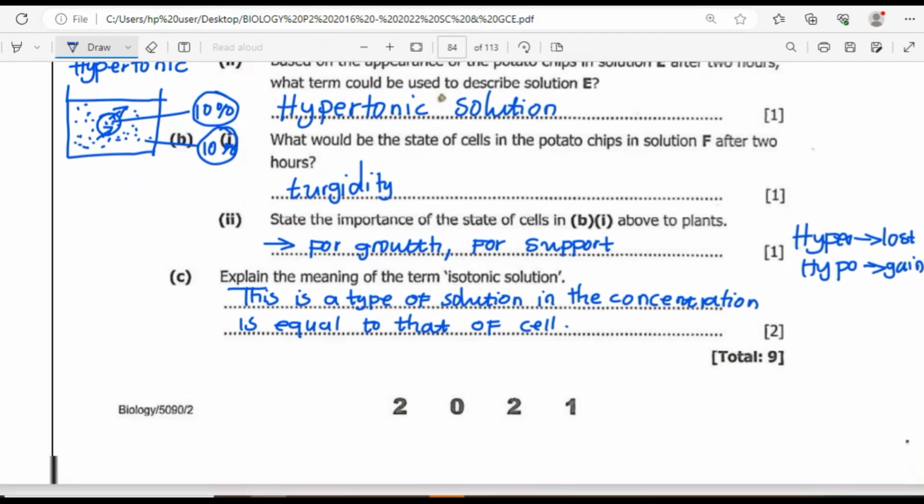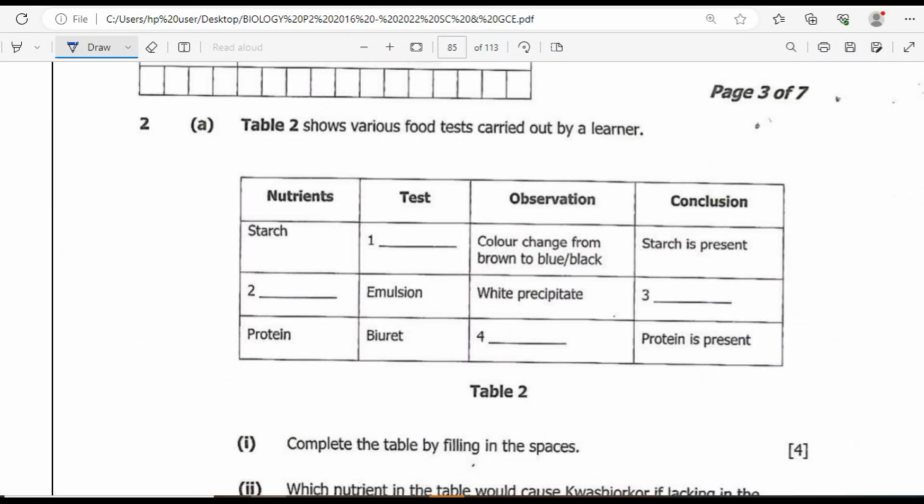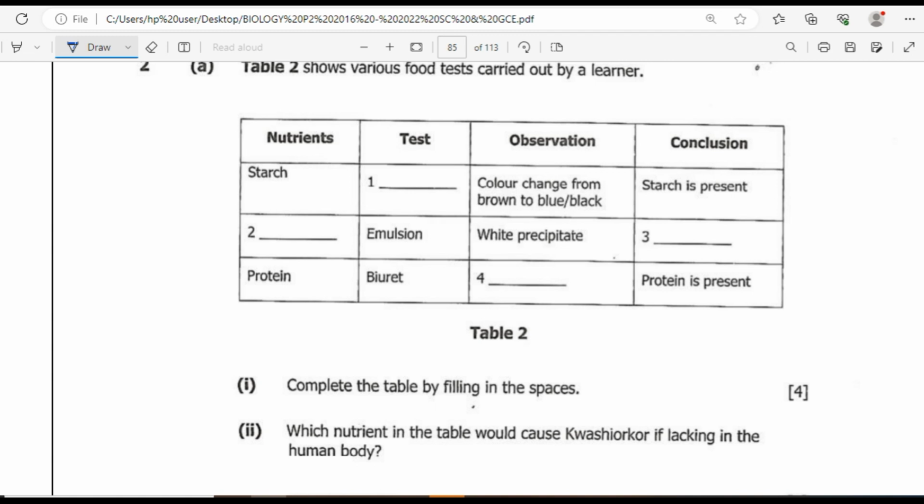So now let's move on to question 2. So question 2a, table 2 shows various food tests carried out by a learner. So most of the learners, or maybe individuals at large, people expect food tests to just be part of the practicals.